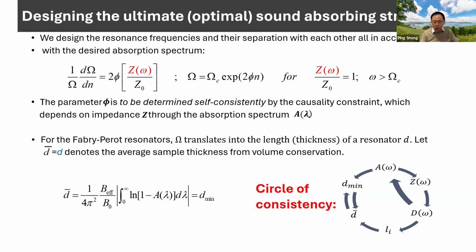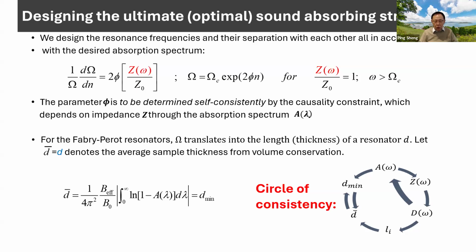Namely, if we have D of omega, we can derive A of omega, and from that, from D min. On the other hand, we can have D of omega, we can have the distribution of the length of the bipolar resonators. From that, we can obtain a D bar, and we can equate that to D min.